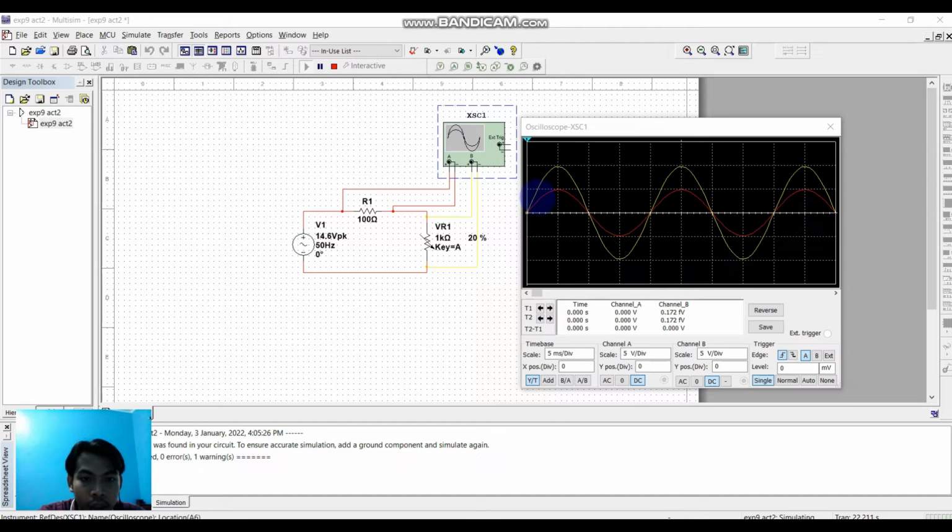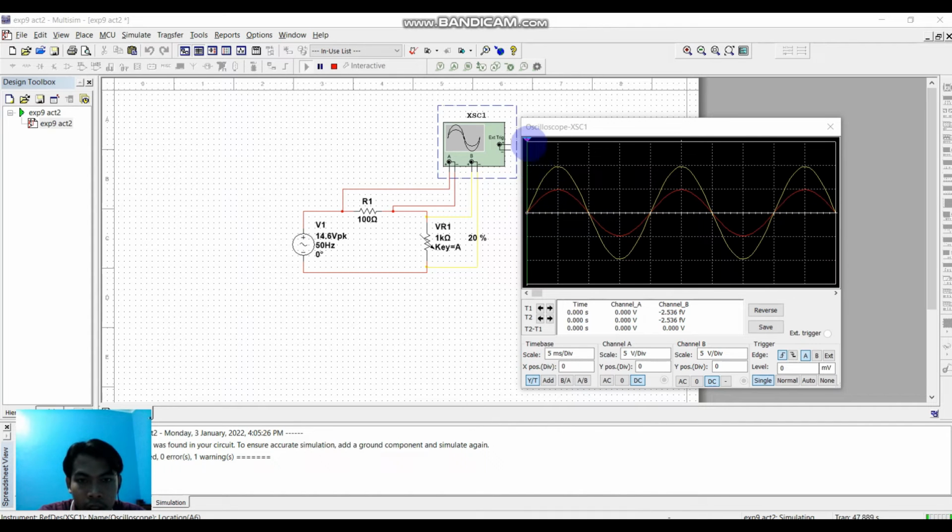One division, which means one box, represents 5 milliseconds on the x-axis, and the y-axis represents voltage. One division means 5 volts. So we can see here that R1 is not more than 5 volts, and the VR1 is less than 10 volts on the oscilloscope.